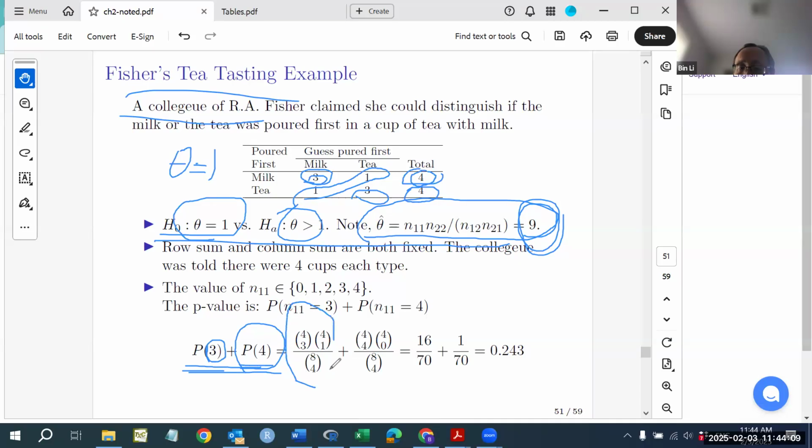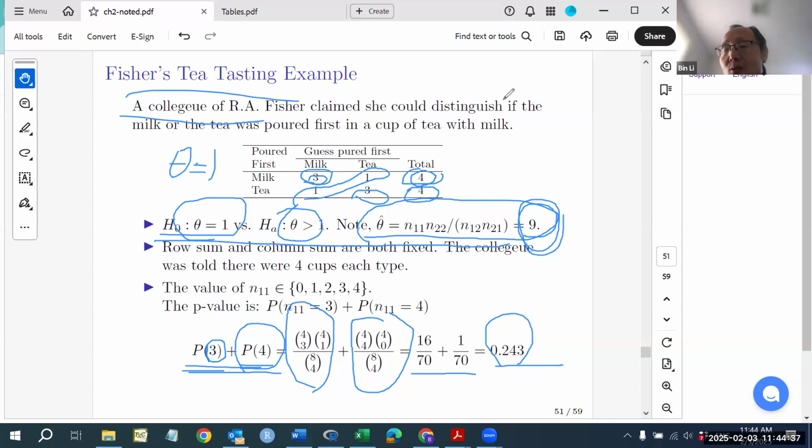That's the probability of getting N11 equal to 3, plus 4 choose 4 times 4 choose 0 over 8 choose 4. So the p-value is equal to that, and it is not significant. Although it seems like his colleague has some information, it's not significant, because we have a really small sample size.